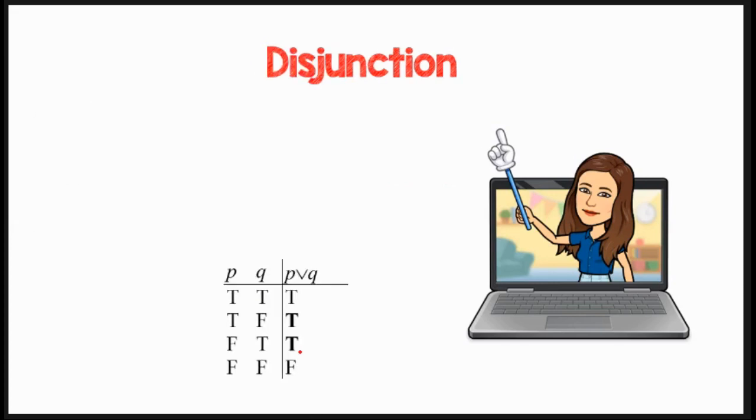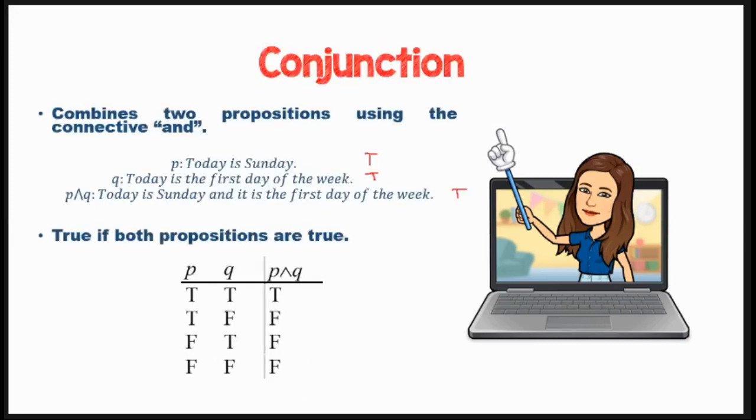Now, let's have another example pala. Teka, isip ako ng example para hindi kayo masyado mahirapan later on. So, gawa tayo ng proposition R and S. R: 1 plus 1 is equal to 2.